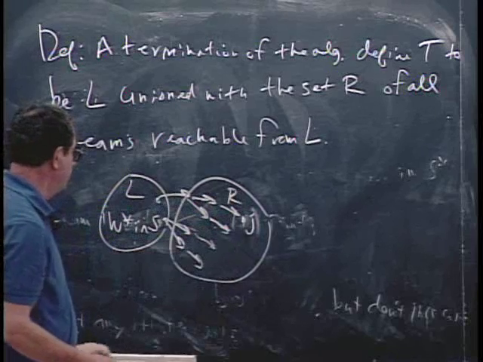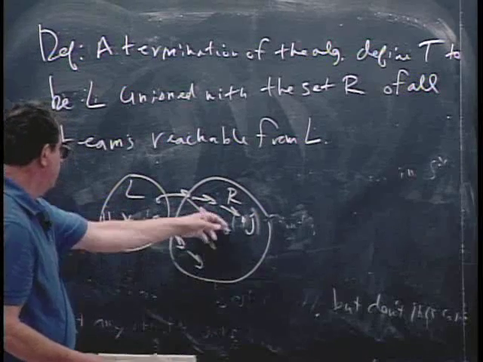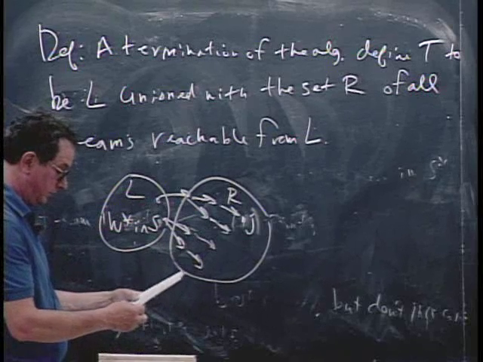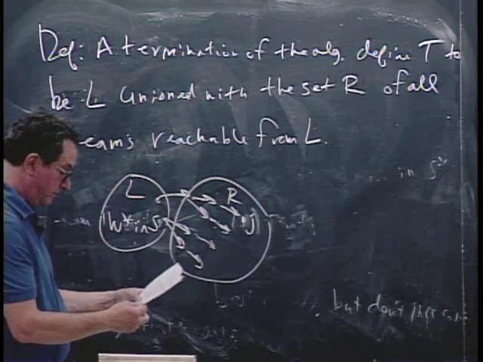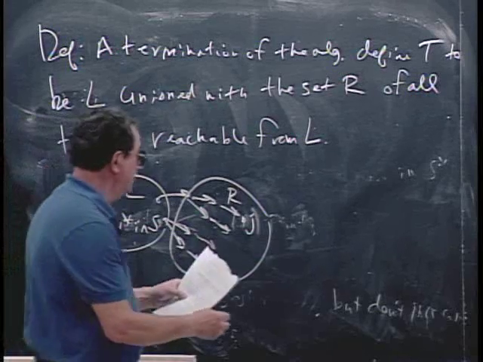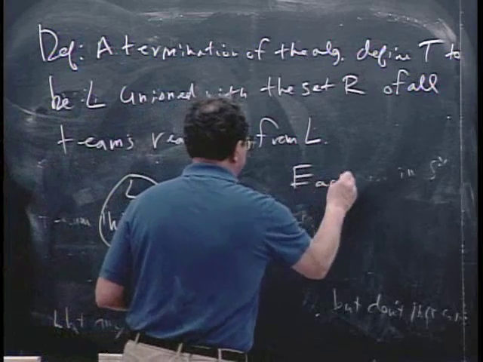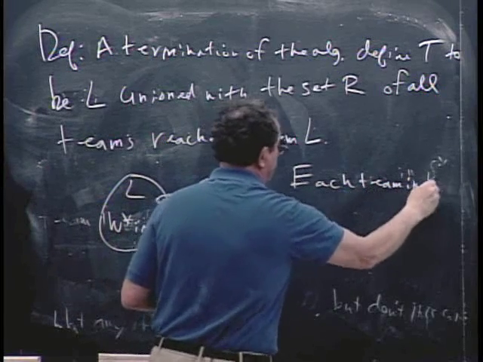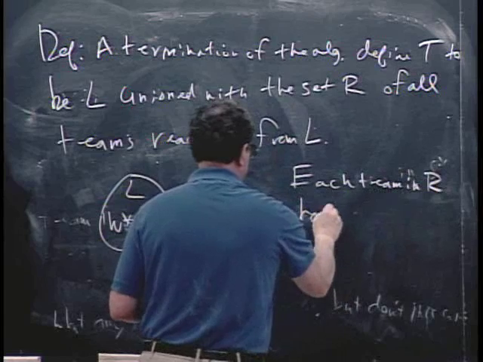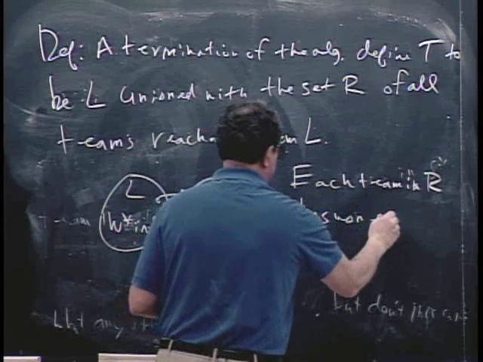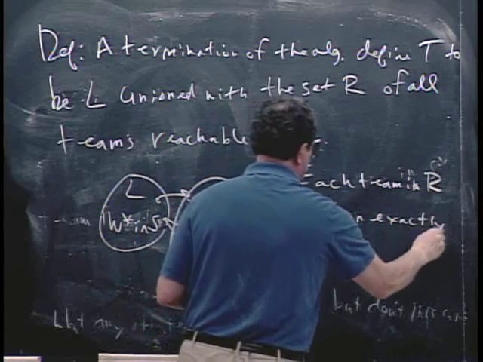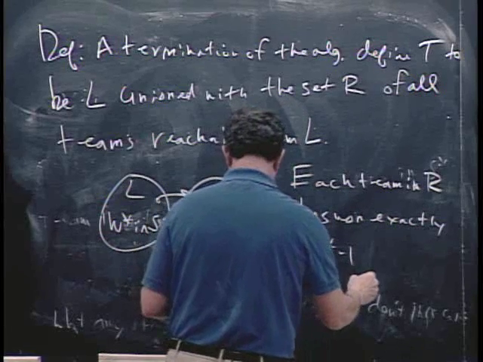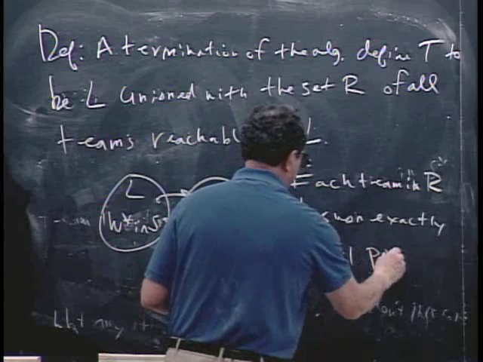If they had won W star points, they'd be an L. So each team in R has won exactly W star minus 1 points, or games.